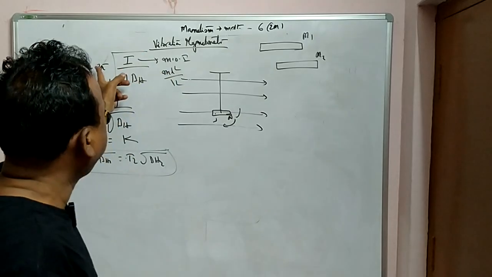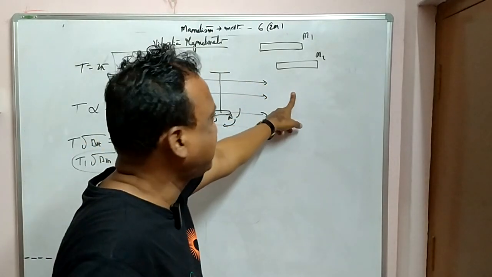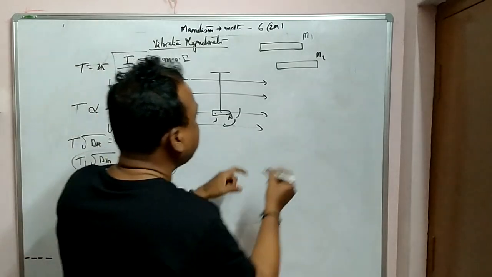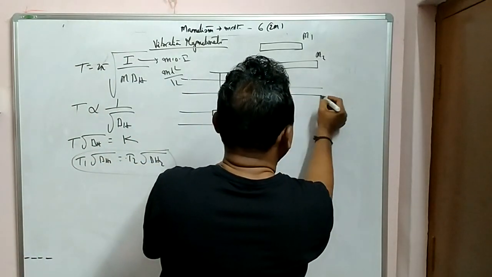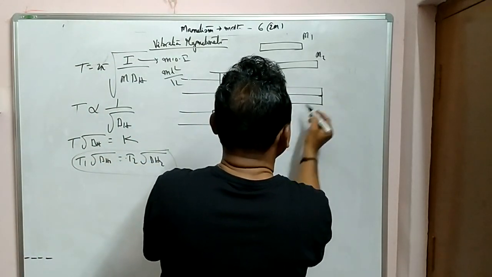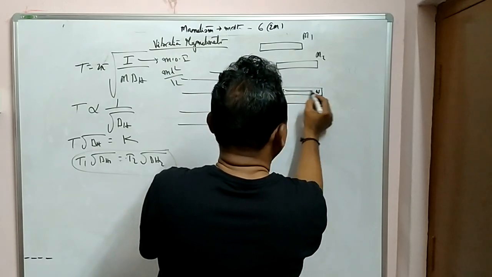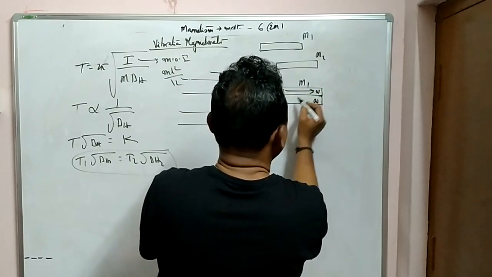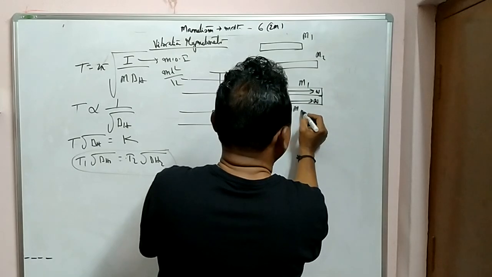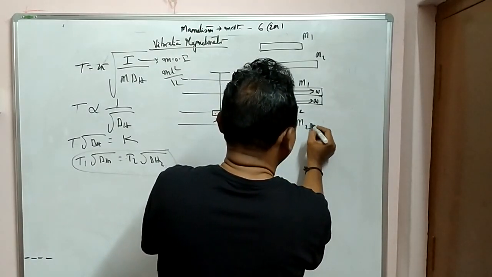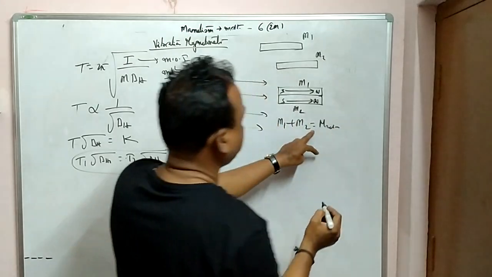You can compare the magnetic moments by the sum method or the difference method. What does the sum method mean? For example, see, magnets are like this, south north, south north. The moments point the same way, M1 and M2, so both are in the same direction. So M net is the sum of those.